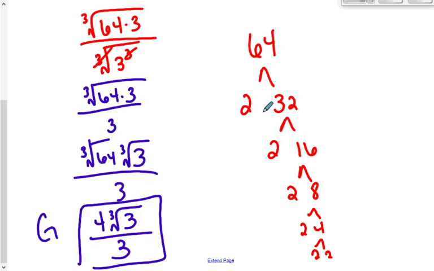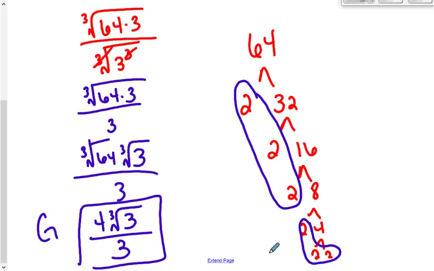So if we're looking at groups of 3, there's a group of 3 right there, and there's a group of 3 right there. So this could be rewritten as the cube root of 2 cubed, cube root of 2 cubed, and then your cube root of 3, which would give you your 2 times 2, which is 4. So you can do it like that, or you can put it in the calculator and check and see if it works out. Either one is fine.